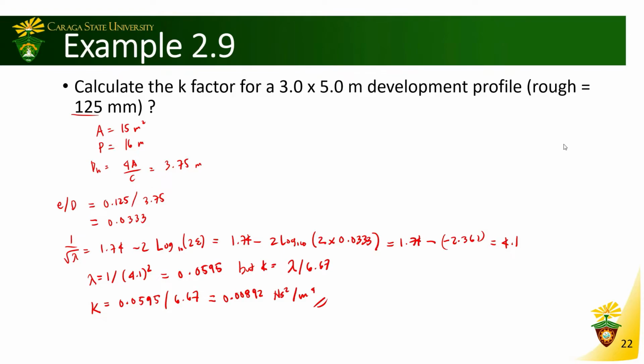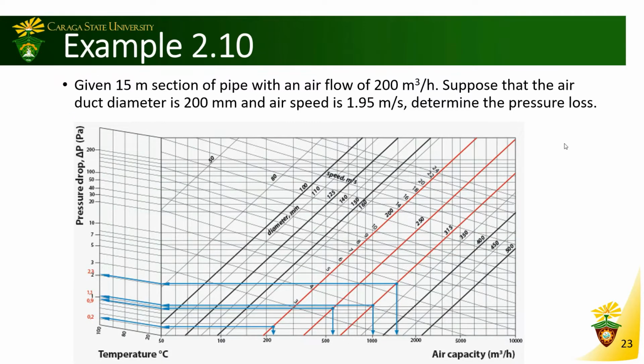Okay, we have another example right here, with another type of diagram. Given a 15-meter section of pipe with an airflow of 200 cubic meters per hour, suppose the air duct diameter is 200 millimeters and the airspeed is 1.95 meters per second. We are to determine the pressure loss for the 15-meter section of pipe. We can see from the diagram that quite different values are presented on the different axes.